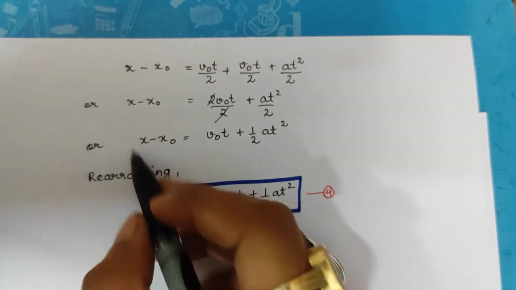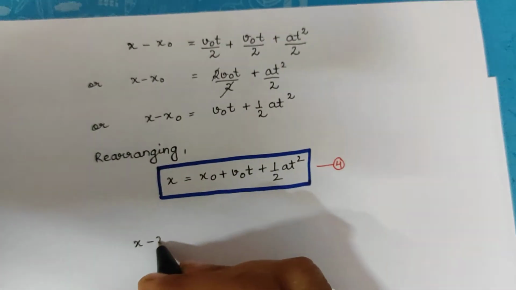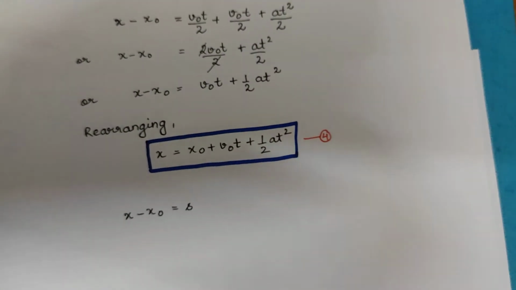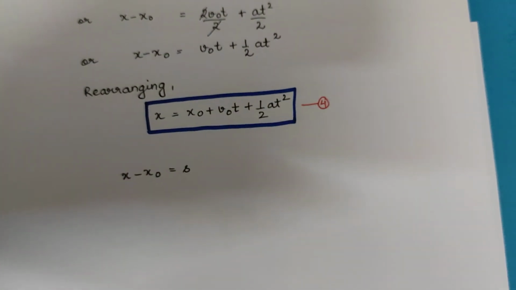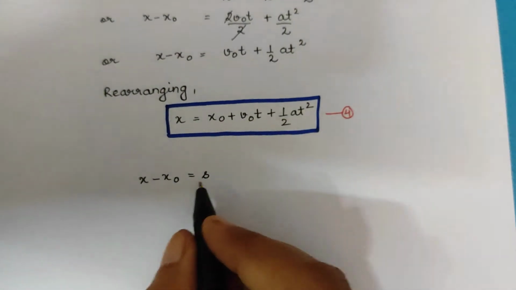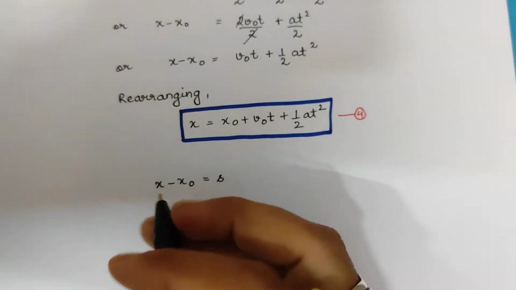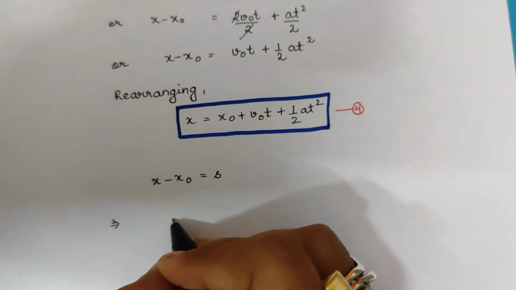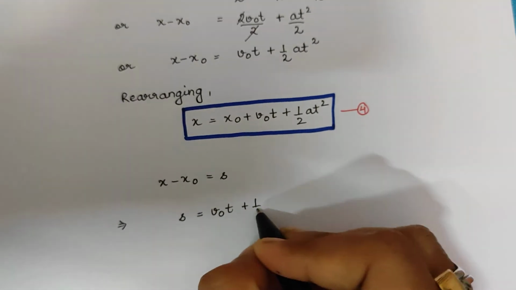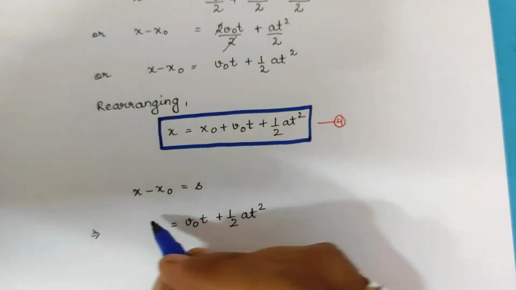Now, if we see this equation again, what is x minus x naught? x minus x naught can be written as s, which is the distance traveled in time interval t. So this equation now becomes s is equal to v naught t plus half a t square.